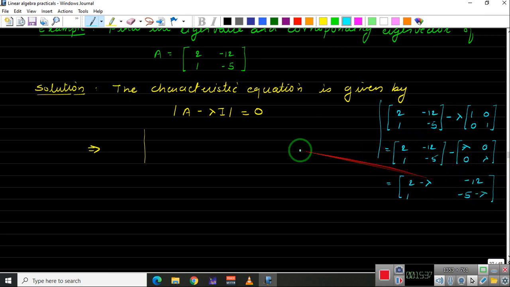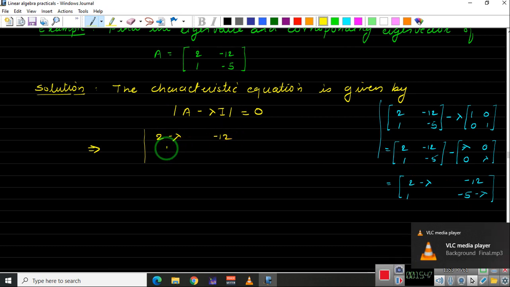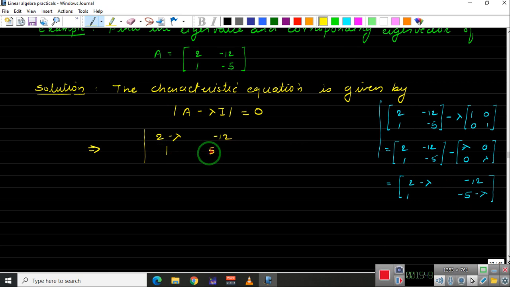And then we need to find the determinant of this matrix. So we have determinant of 2 minus lambda, minus 12, 1 and minus 5 minus lambda, equal to 0. As we know how to find a determinant, this is a 2 by 2 matrix.